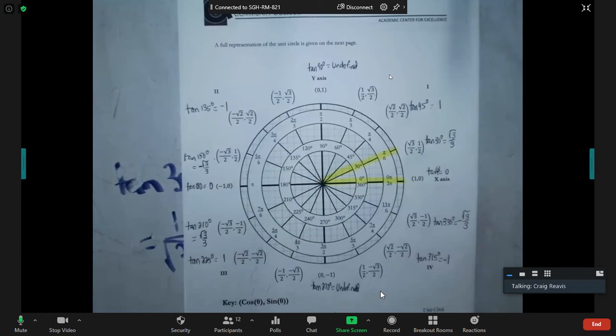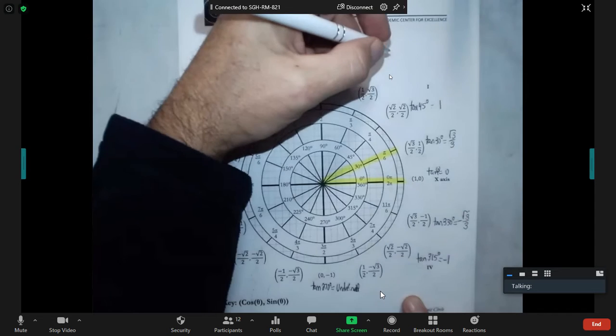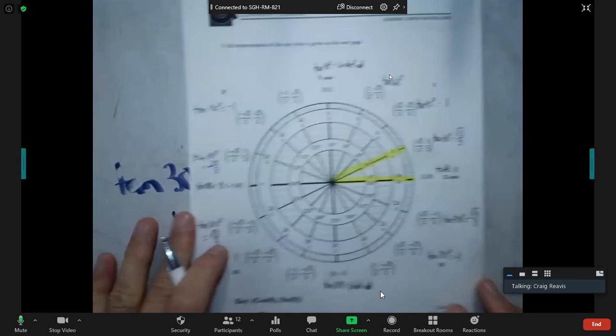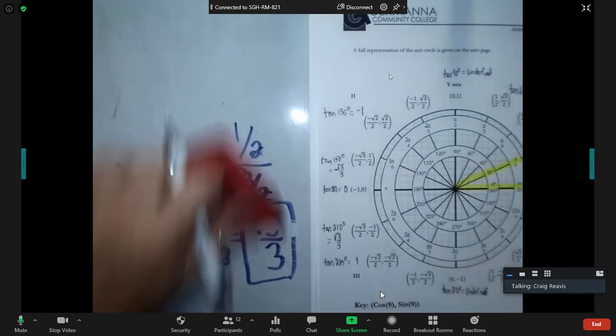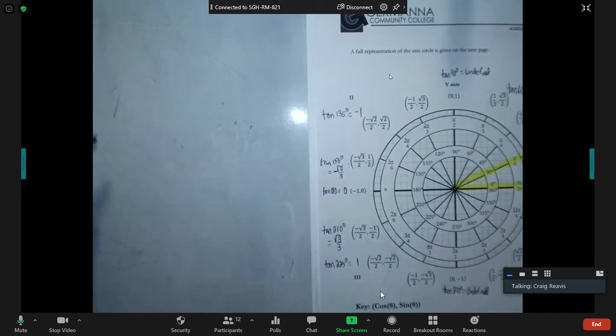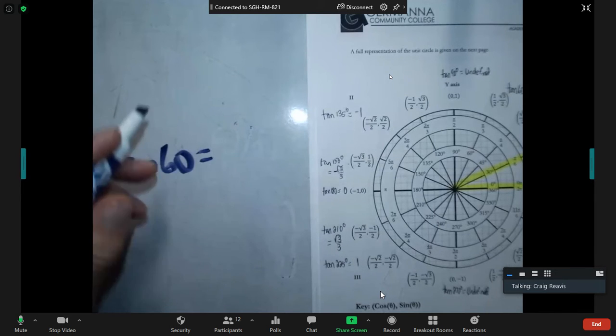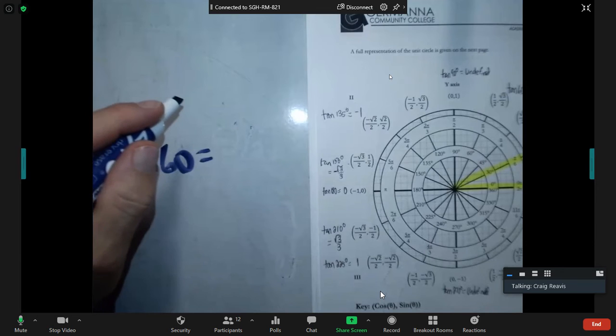All right, now our last one are the ones that match up with 60 degrees. So we want to know the tangent of 60 degrees. We might be able to get by without writing this down, but let me go ahead and write it down. So we've got tangent of 60. We know is sine over cosine, or y over x.